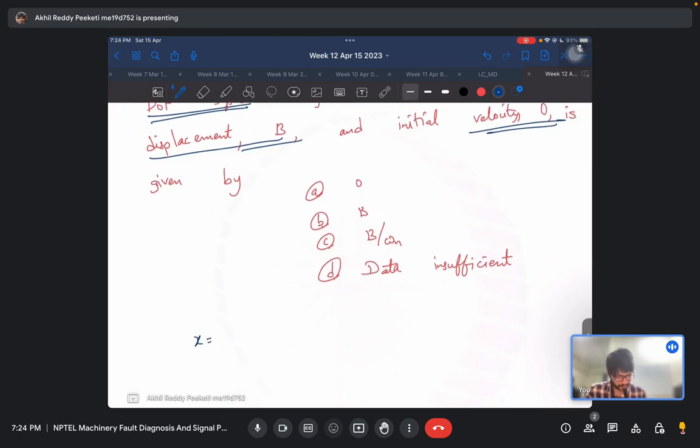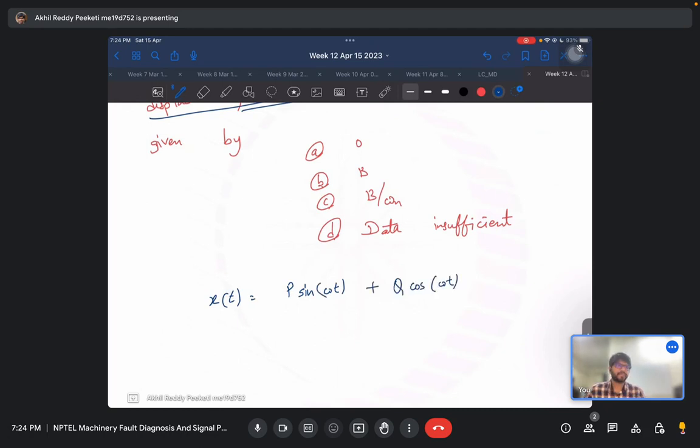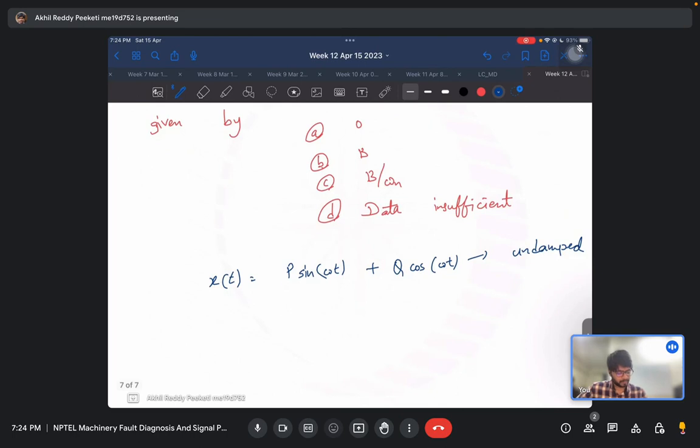So if it is an undamped system, the solution is usually of the form without damping. And this P and Q we can find based on initial conditions.